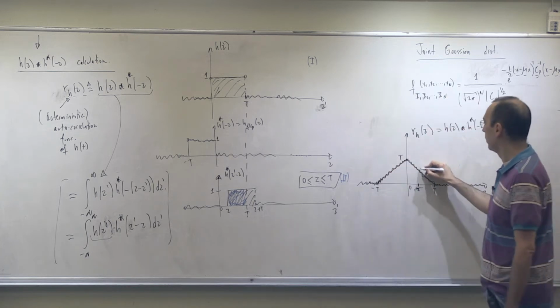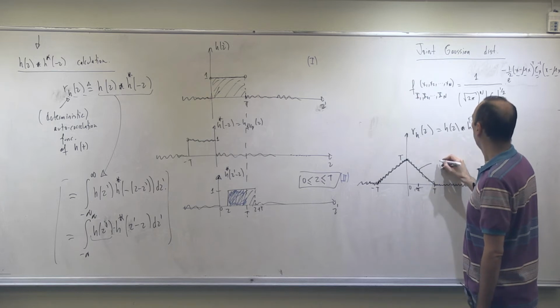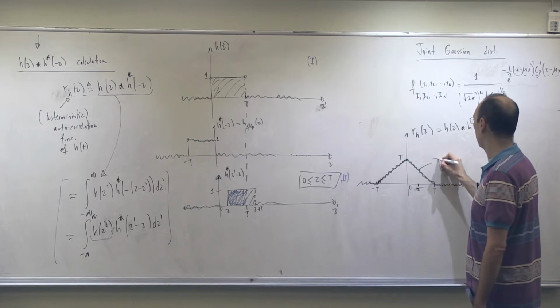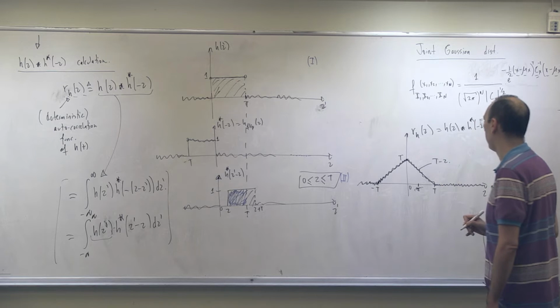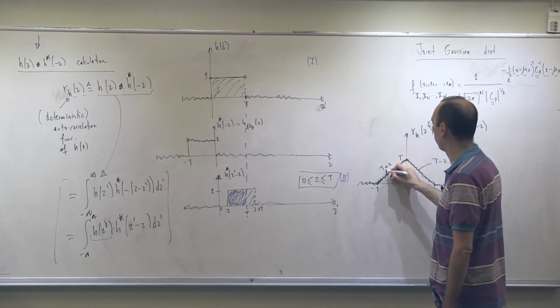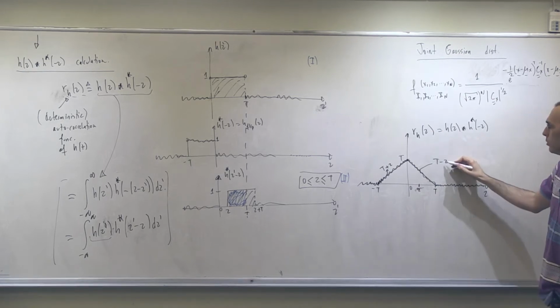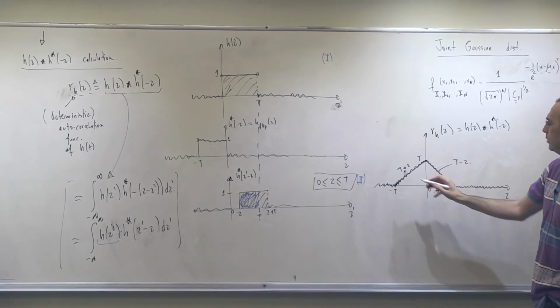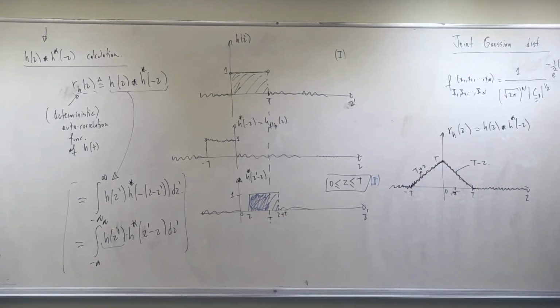Okay? So if you check this, what's the equation? T minus tau. This is t plus tau. Tau is equal to 0, tau is equal to this, and so on. Okay?